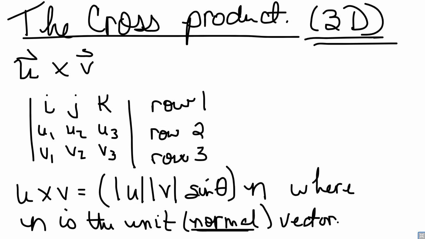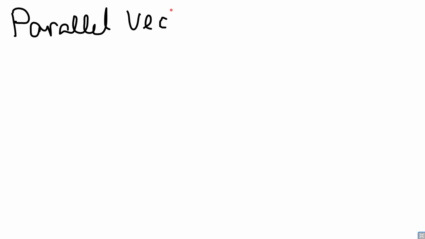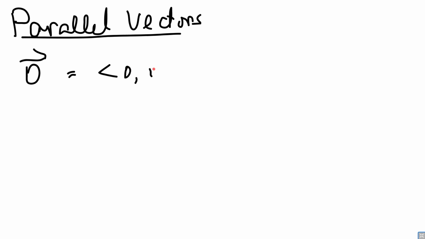All right. Next, we have information about parallel vectors. Vector u and vector v are non-zero vectors, so you don't have a zero vector in here, meaning the vector is not made up of 0, 0, 0.